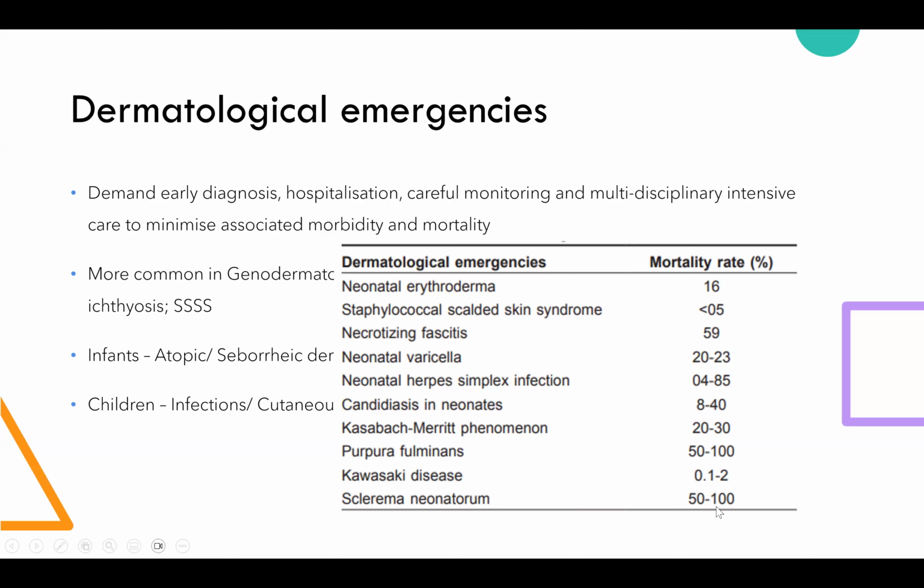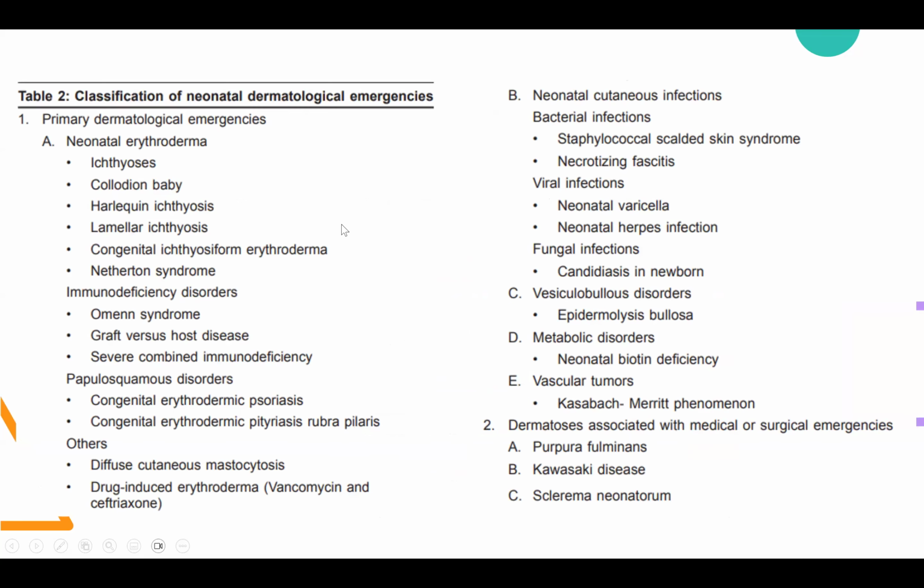It is almost reaching 100%. However, for ichthyosis congenita and neonatal erythroderma, it is relatively less.